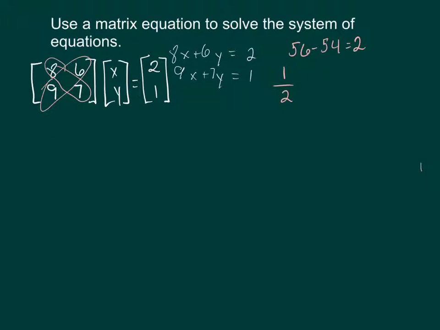Remember, we need the reciprocal of it. Flip A and D. Change the signs of B and C. And when you distribute, you have 7 over 2, negative 9 over 2, negative 3, and 4. So there's our multiplicative inverse. So we're going to come up here and multiply each side by that inverse.